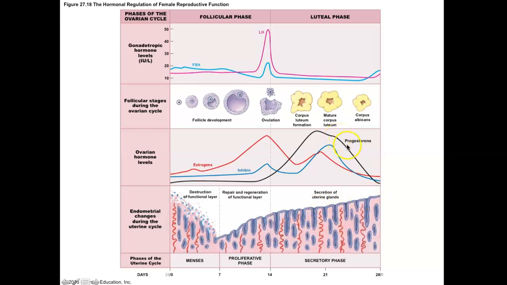And when the progesterone levels fall, a woman is not pregnant, and the corpus luteum degenerates, then you have the initiation of menstruation, where you're losing that functional layer of the endometrium, and everything starts over again. All right, so that's what you want to understand.